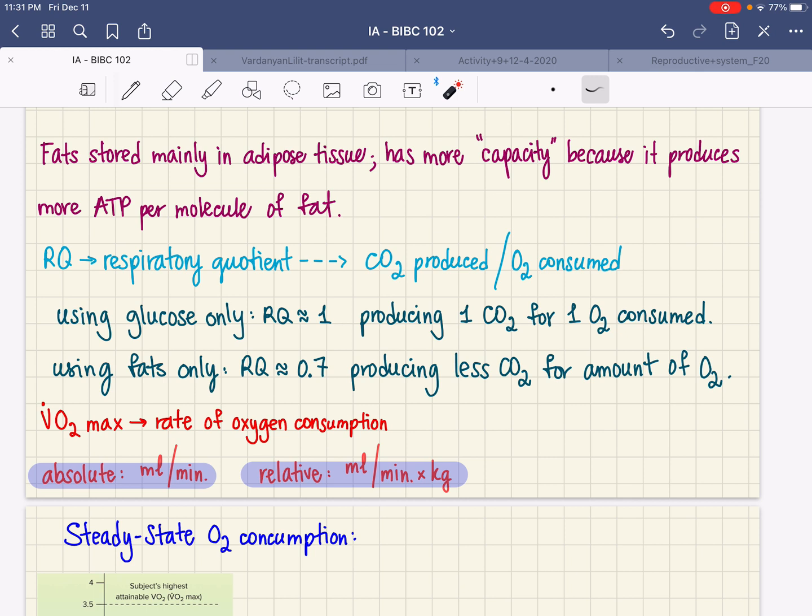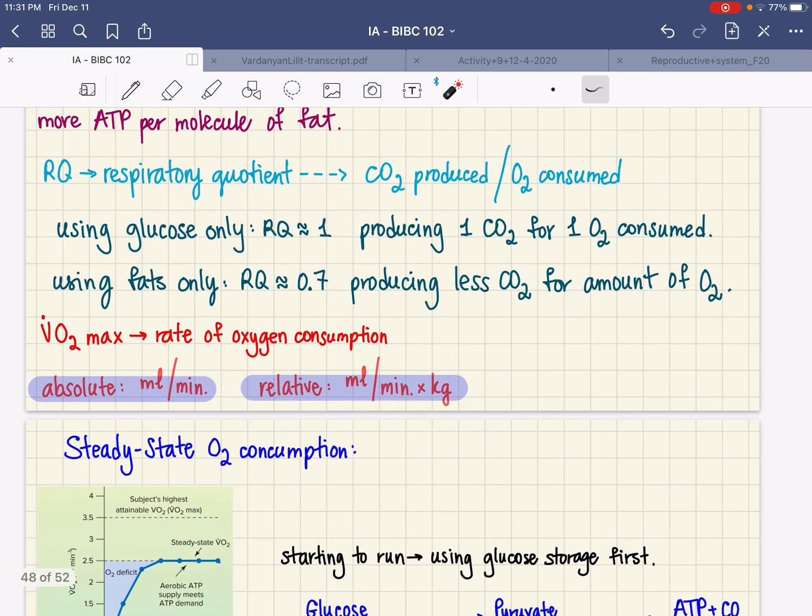At that moment, I will be using only glucose because my glucose in my bloodstream would go through glycolysis in my cells and it will give me rapid ATP, right? At that moment, my RQ will be around 1 because I will be using solely glucose and possibly also creatine phosphate, but we'll talk about creatine phosphate later, okay?